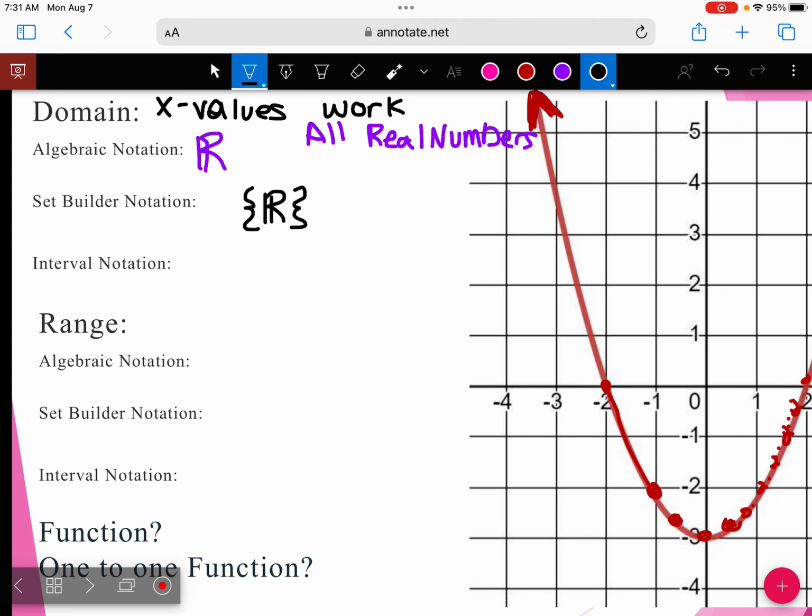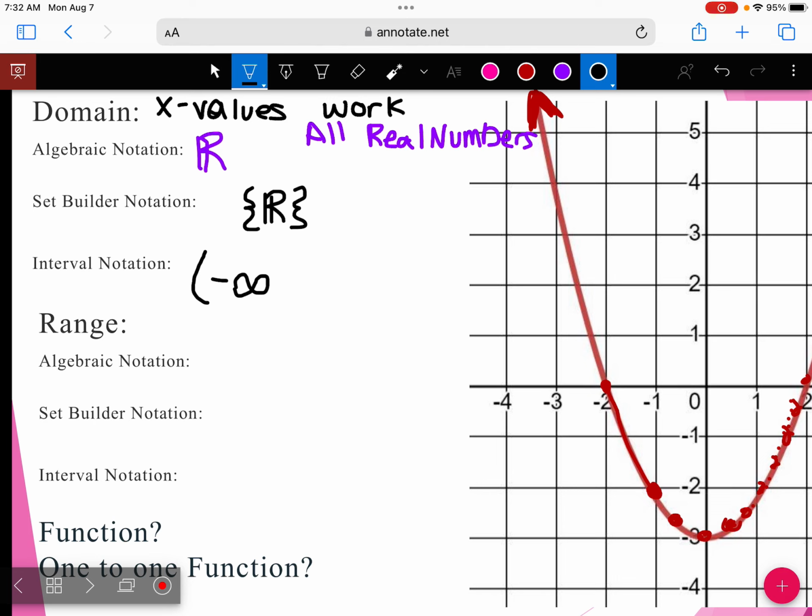The most common one we're going to use is going to be our interval notation. And these ones get a little picky sometimes. So it's going to have parentheses and brackets. And what this says is we're going to have from my smallest number, the smallest this could ever be is as small as I could possibly imagine.